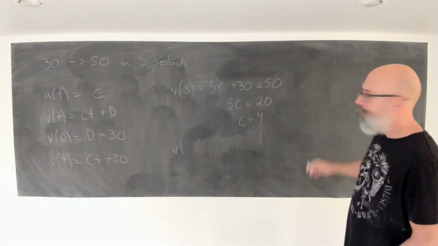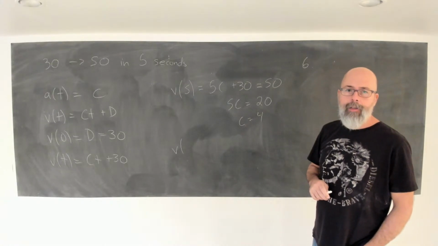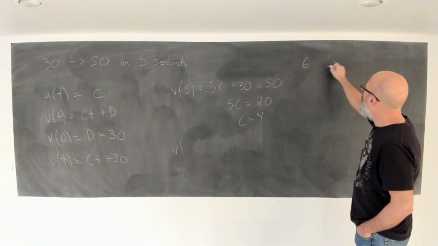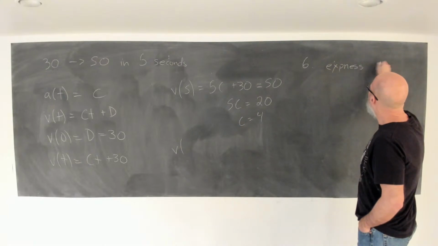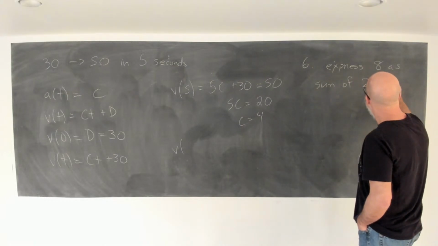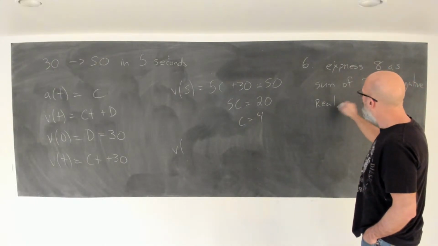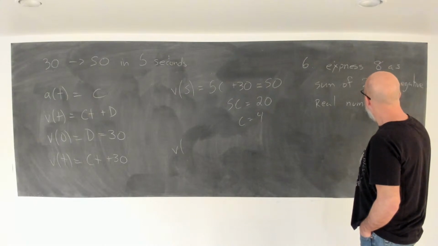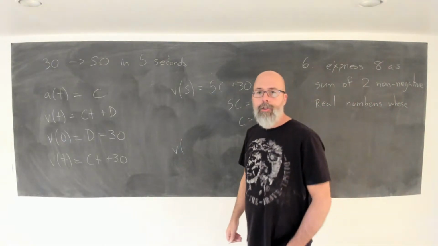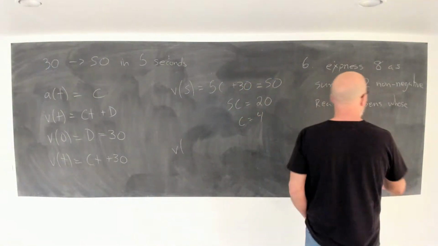Where are we? I want to say we're on number 6, which is asking us to express 8 as the sum of 2 non-negative real numbers such that the sum of the square of the first and the cube of the second is as small as possible.